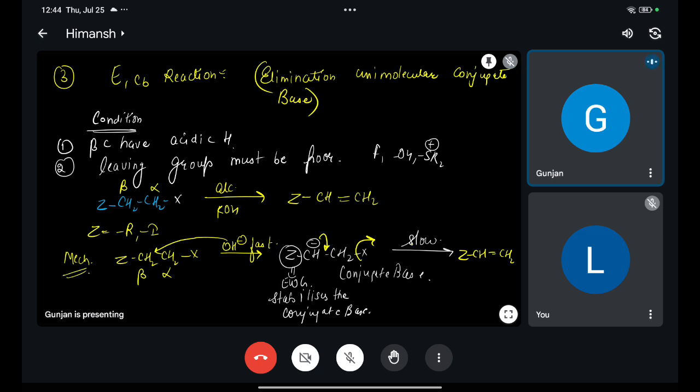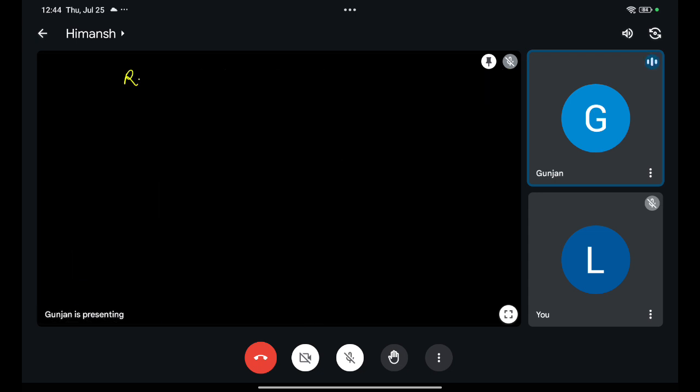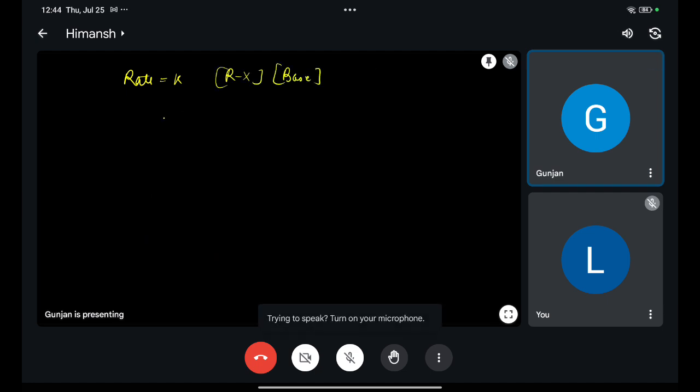So here the rate depends on both the alkyl halide as well as the base. The order is 2, but the molecularity is 1.